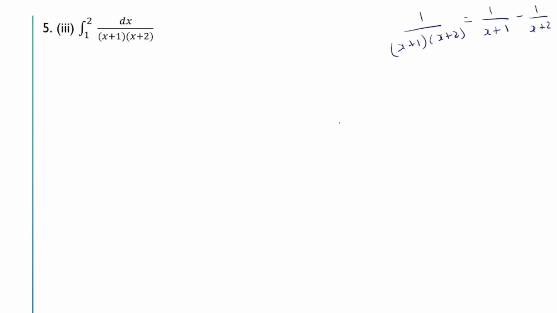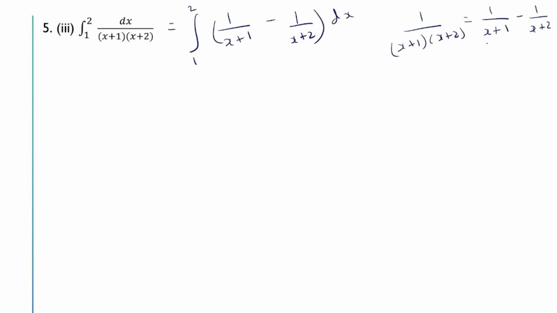I have done a video on how to write such functions as partial fractions. So this is equal to integral 1 to 2 of 1 by (x plus 1) minus 1 by (x plus 2) into dx.